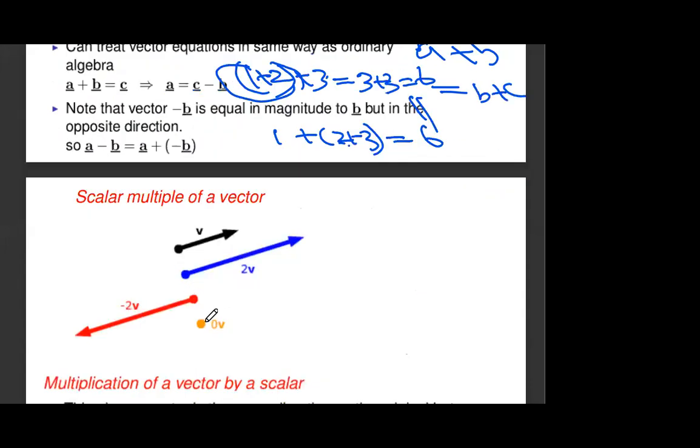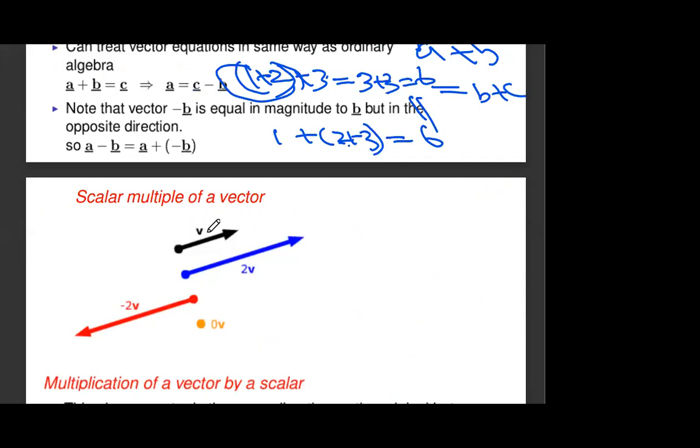All right. So let's talk about scalar multiplication. Let's consider this vector. This is the magnitude, and the direction is in this direction.